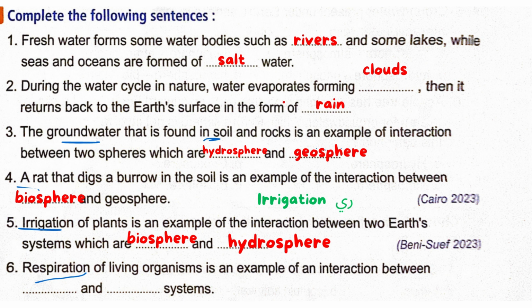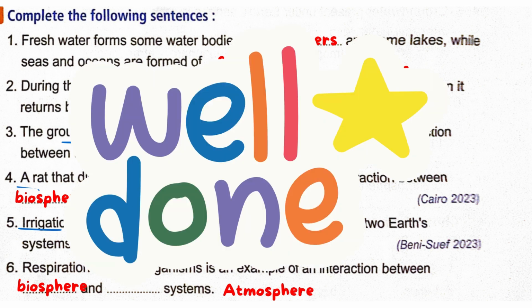So here respiration is about gases, okay, and about living organisms. So this is biosphere. Gases belong to what? Yes, you know, atmosphere. So here the interaction is between atmosphere and biosphere. Okay, well done. Let us move to another page.